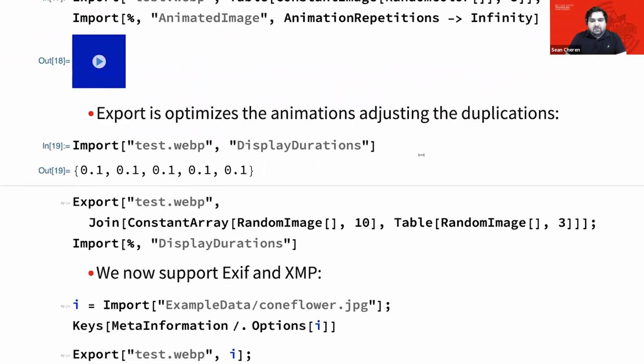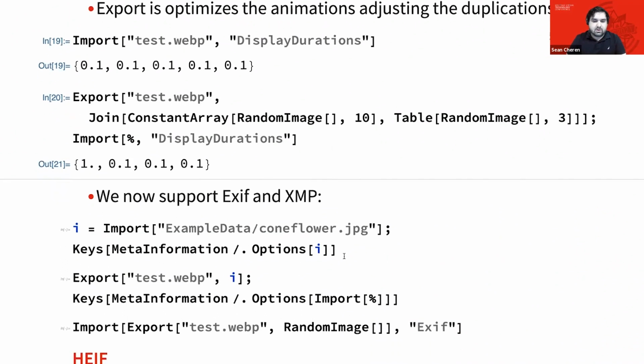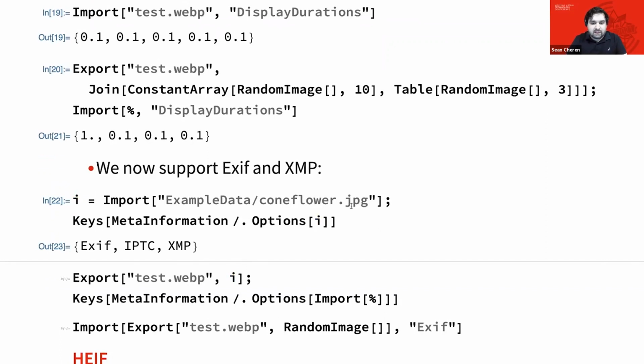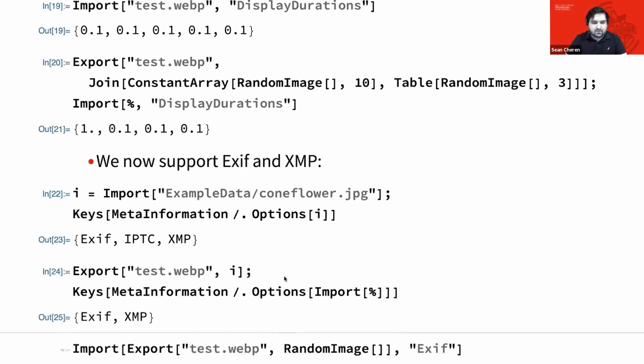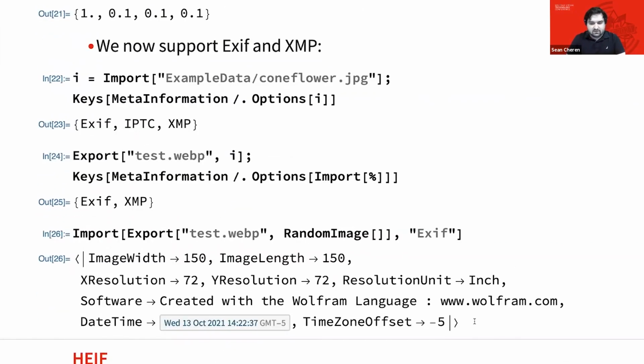We optimize the animations by adjusting the duplications so that you get a smooth result. We also support more metadata in the WebP format. So EXIF and XMP, like we used to support in JPEG and other formats, is now supported in WebP. And for example, we can take a look at some of the EXIF data in this particular WebP file.